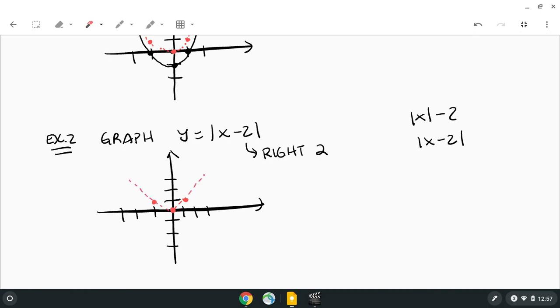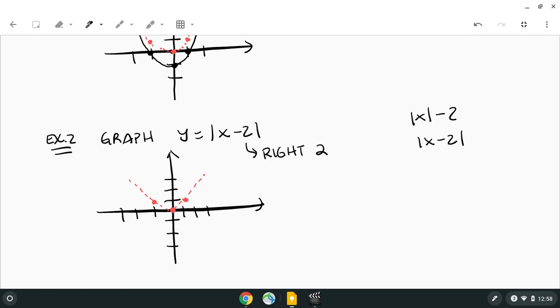And I'm going to take that parent function and shift it right 2. I will do that in black. So take all 3 of these points and we're going to shift each one to the right 2. 1, 2.